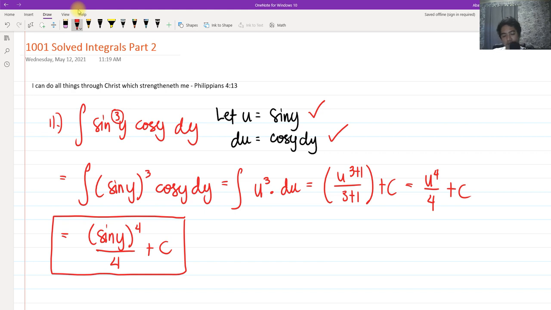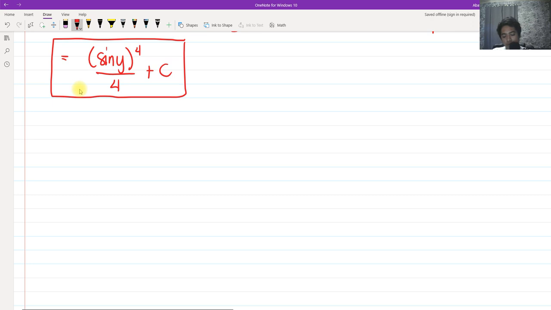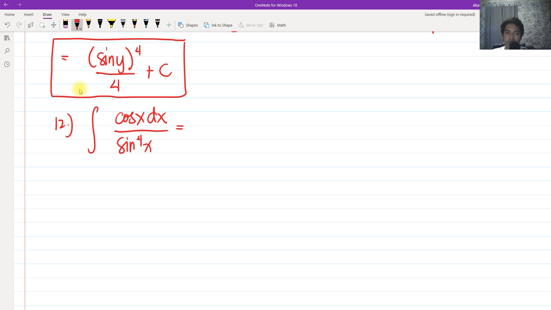Okay, so number 12, we have the integral of cosine of x dx all over sine raised to 4 x. Okay, so this is still a simple u substitution. So we will first manipulate the integral by getting the reciprocal of sine raised to 4.